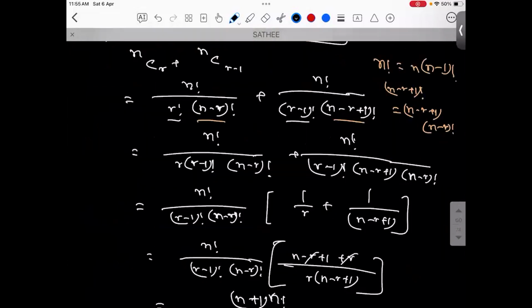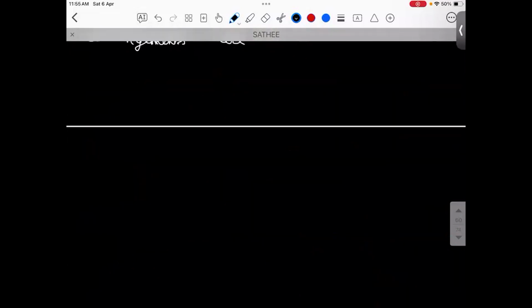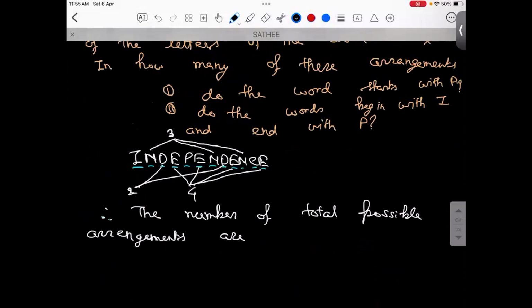So we use the formula: n factorial divided by p1 factorial, p2 factorial, up to pk factorial, like that.